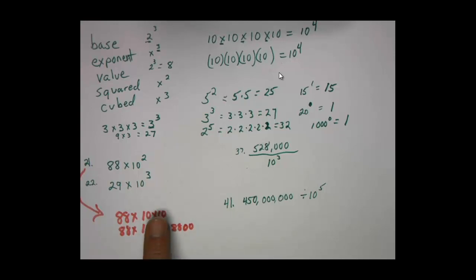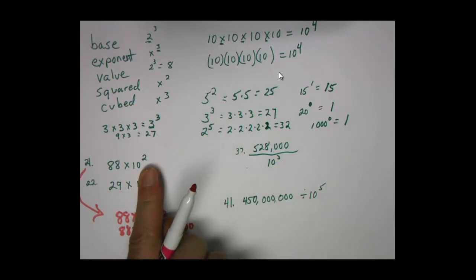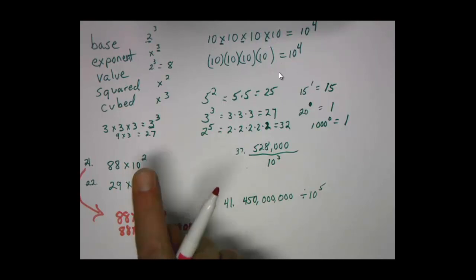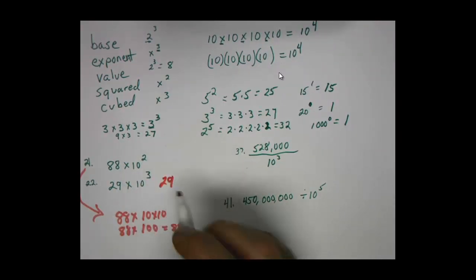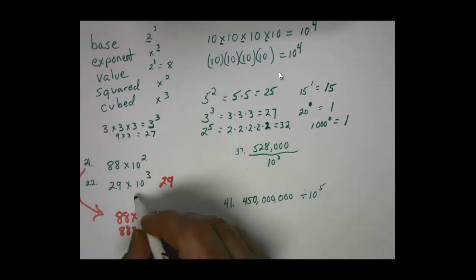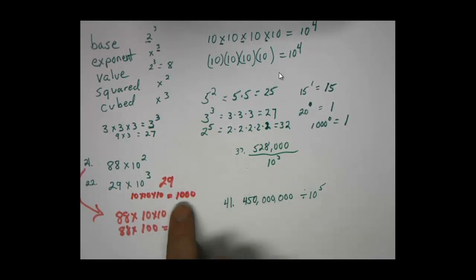But another way to think of it is kind of that finger trick where I have 1 times 88, and then I count the number of zeros and put that in the answer. So up here we have 1 times 29. 1 times 29 gives me 29. And I have 3 zeros, because this is going to be 10 times 10 times 10, which is 1,000 that has 3 zeros.